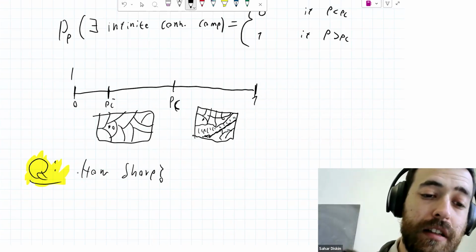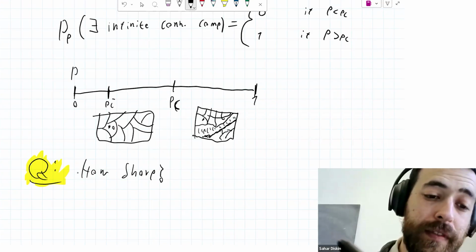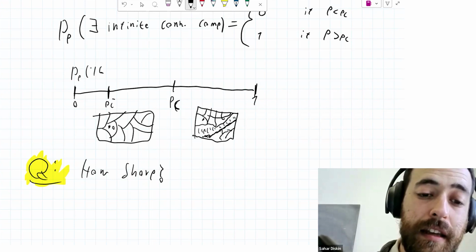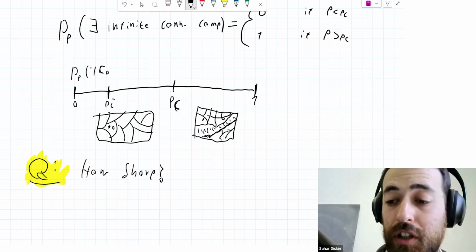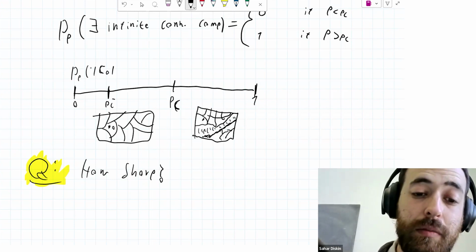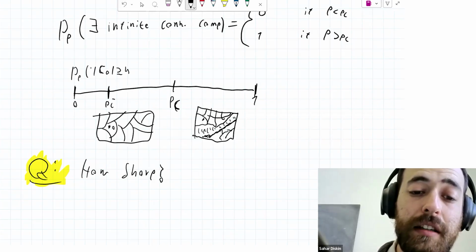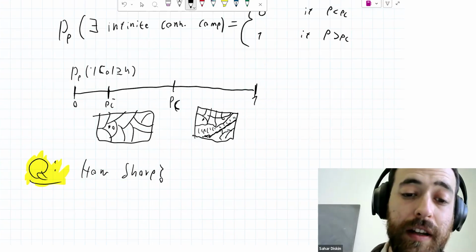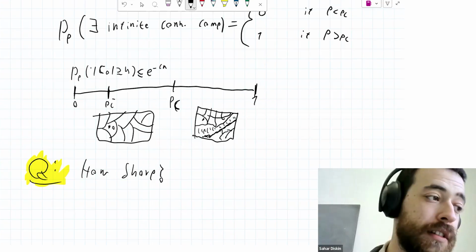That is, the probability that, and let me write it like this, this is the component of the origin, the probability that the size of the component of the origin is at least n will decay very, very fast. So what is very, very fast? The best we can hope for is e to the minus cn.